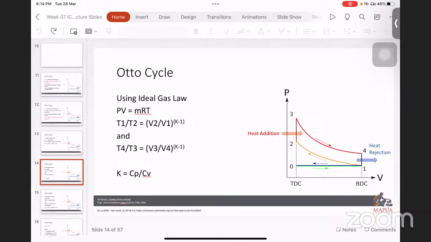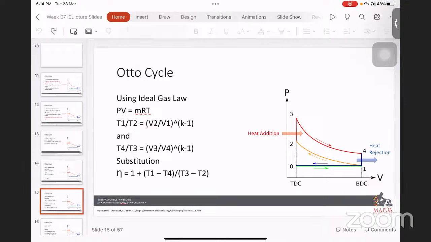So to convert yung ratio ng temperature into volume, we will be using yung K. Yung K is yung ratio ng specific volume at saka specific pressure. So T1 over T2 is equal to V2 over V1, sorry, mali na ako. Ayun. T1 over T2 is equal to V2 over V1 raised to K. Next.